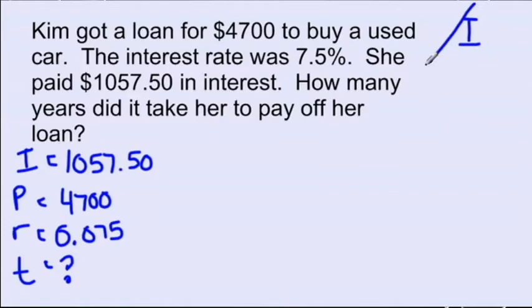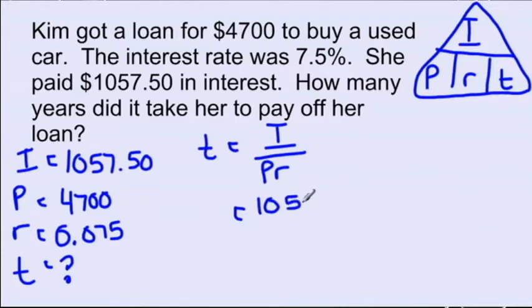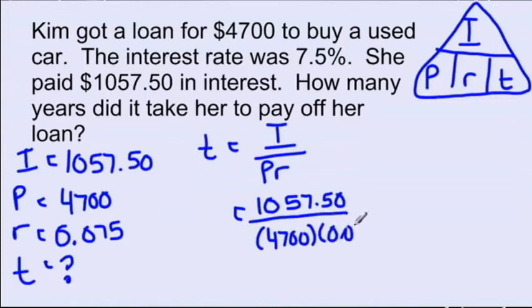If we draw our lovely triangle, I, P, R, T, and we want to solve for T this time, so if we cover that up, we would have I divided by PR. So T equals I over PR. I'm going to sub in what we know. I is 1,057.50. P is 4,700. And R is 0.075.